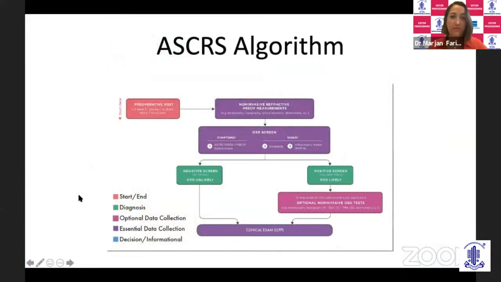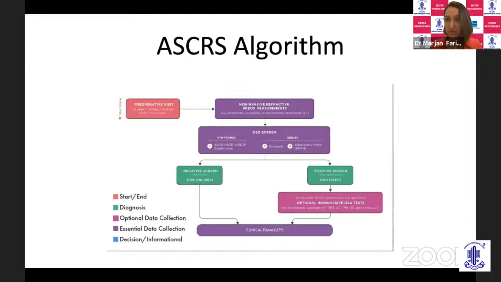So I was part of this committee, the ASCRS Cornea Clinical Committee, when we sort of thought about how do we set more guidelines to really capture patients within this preoperative setting who have ocular surface disease. And how do we start?